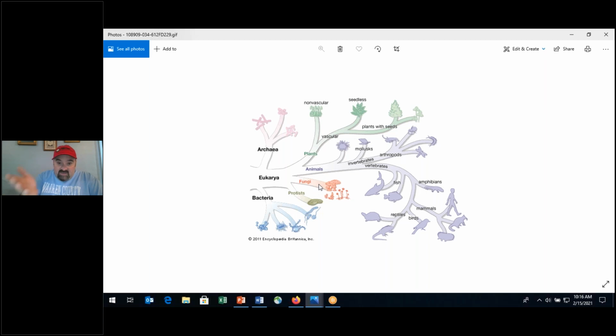Whether we're looking at plants or animals, right? Fungi, protists, right? And I said to you that this Protista family, they believe, as far as evolutionary theory, began as a single organism and then diversity spread out from there.